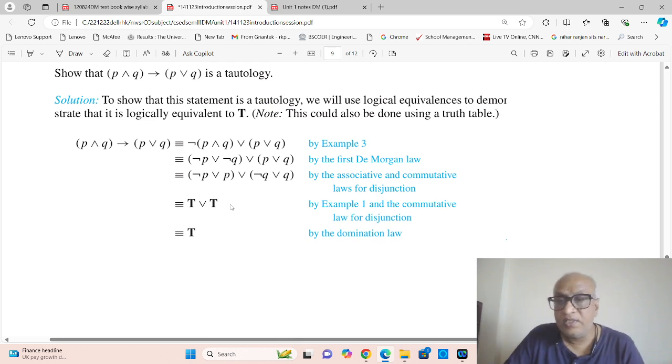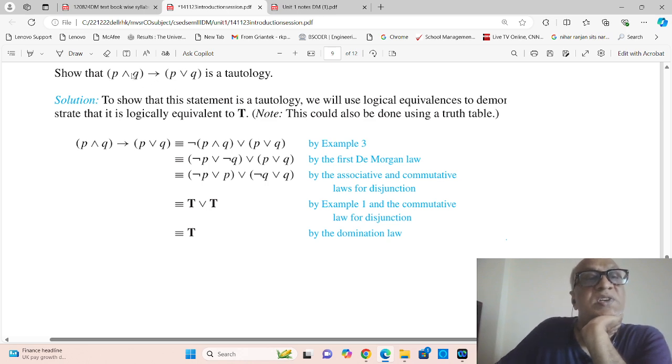There is a small example here wherein we need to check whether this is a tautology or not. If you treat this as P and this as Q, this will be P implies Q, or A implies B kind of thing, which can be represented as not of A or B. So first we simplify by putting it in the not A or B fashion.